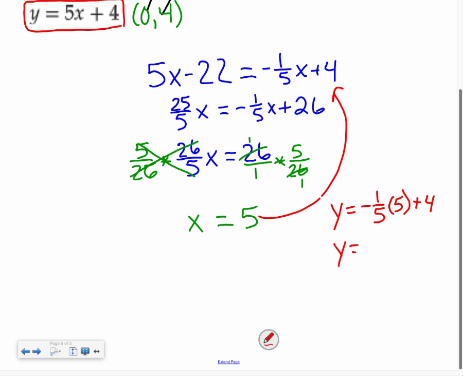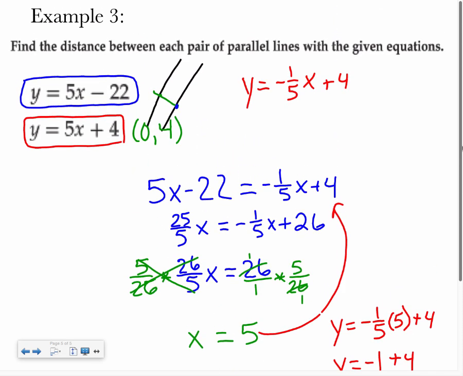So that gives me y equals negative 1/5 times 5 is negative 1, plus 4. y equals 3. So we know that the point of intersection between the perpendicular line and this first line is (5, negative 3). Or not negative 3, sorry. (5, 3). Now I have my 2 points.